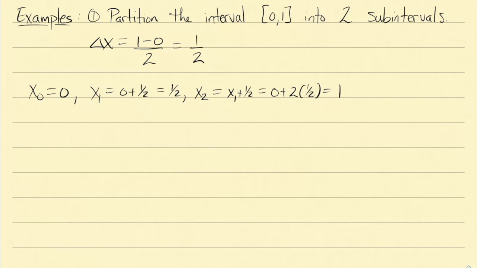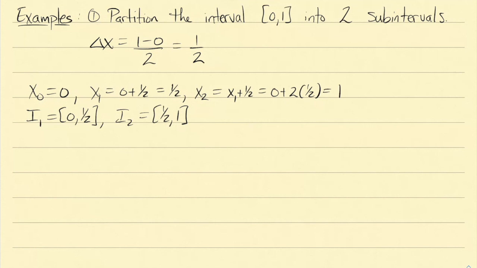So since we are subdividing into 2 intervals, we need 3 points, and these 3 points give us the endpoints of our 2 subintervals. So we're going to write down our subintervals I1 and I2. There we go. Those are our 2 subintervals.